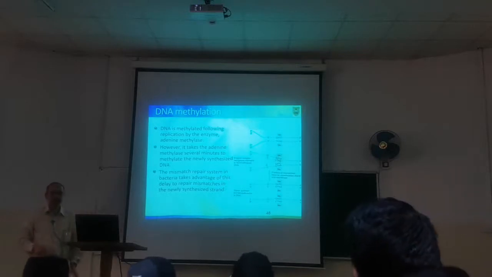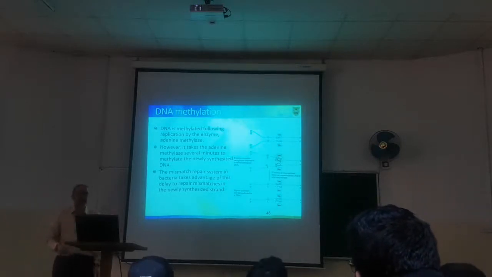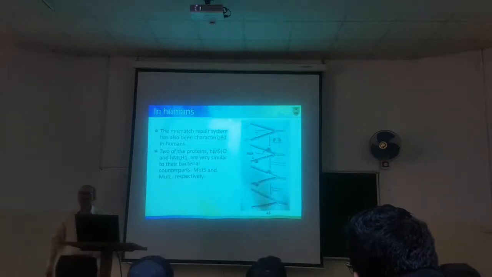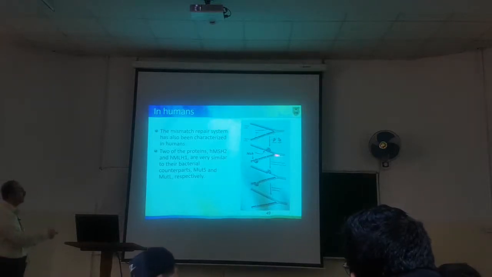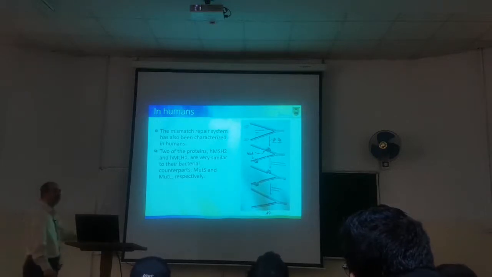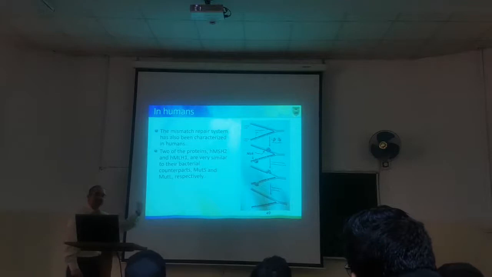Okay? Does this system exist in our cells? We sure do. In human cells, we have a similar system. We have similar proteins, specifically two proteins, MSH and MLH, which are homologous to MutS and MutL in bacteria.